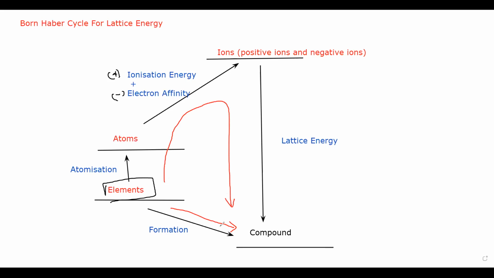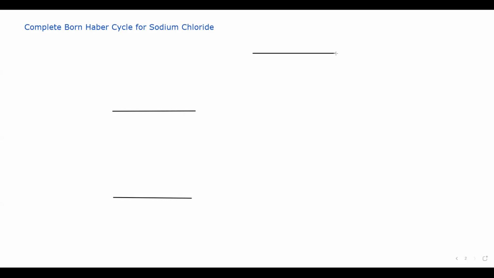If I say complete a Born-Haber cycle for sodium chloride, you have to learn first the order. First we have element, then we have atoms, then we have ions, the positive and negative ions, and here we will have compound.